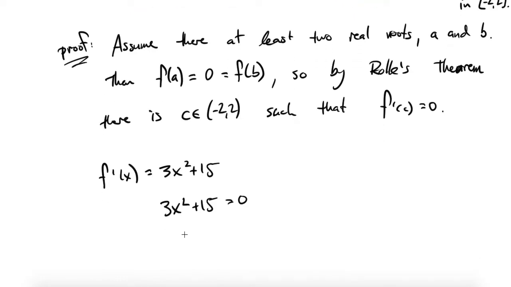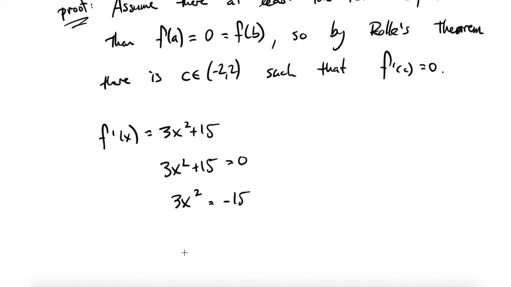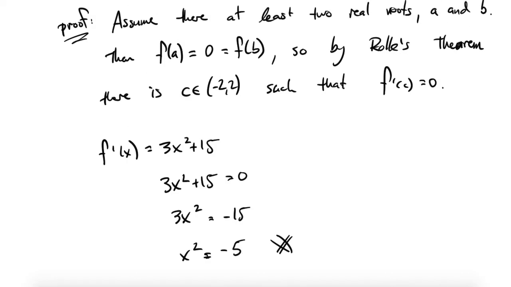And I end up with 3x squared equals -15, or x squared equals -5. That doesn't make any sense, right? I mean, if I square something, I'm never going to end up with something negative, right?